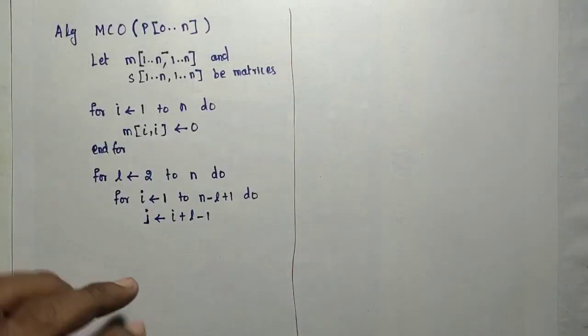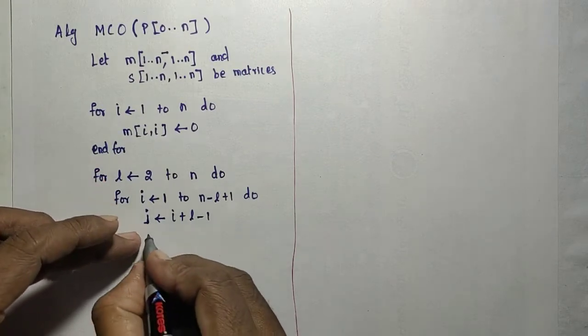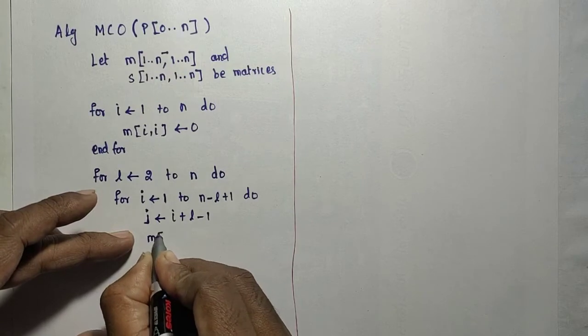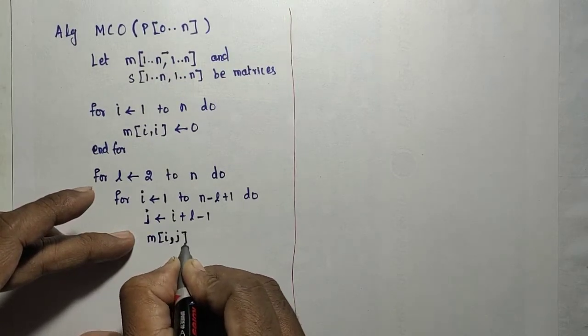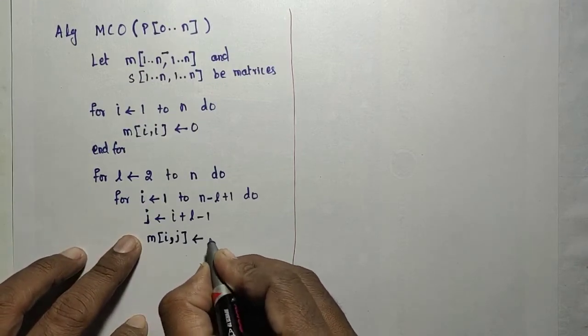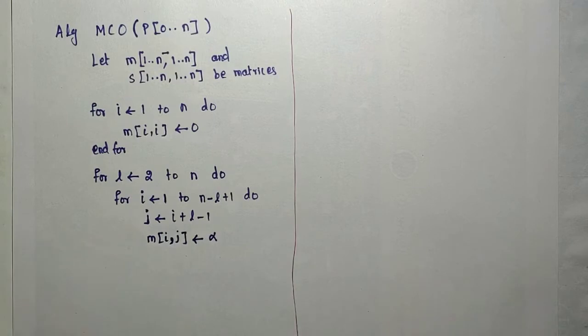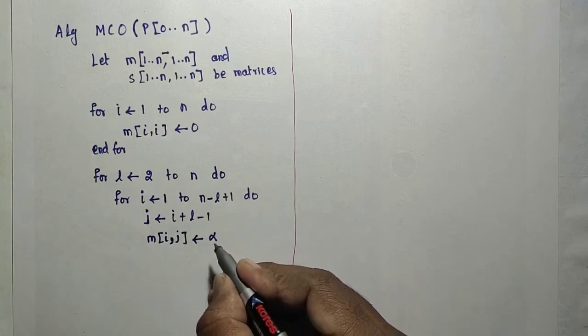So here I am going to find the minimum among these k options. We initialize m of i comma j with infinity first, because we have to find the minimum only. So we are storing an infinity value initially.